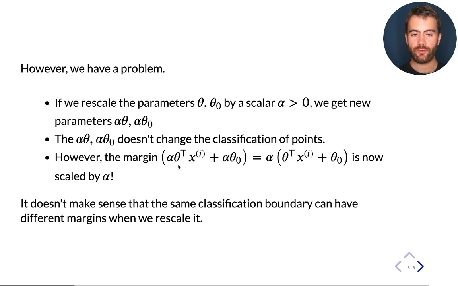However, our definition of the margin has been scaled by alpha. So we have made our margin larger just by rescaling the values of our parameters and without really changing anything about the location of the decision boundary or anything about the labels that are assigned to the score. And so that is a bad property, because it means that we can make the margin arbitrarily large by just rescaling the parameters. And this definition is missing something.